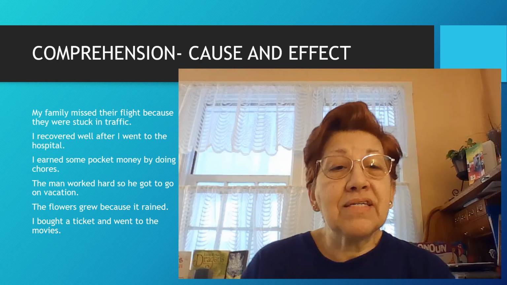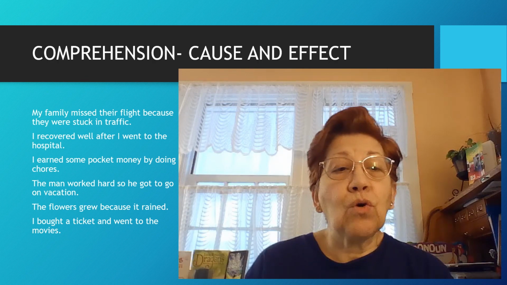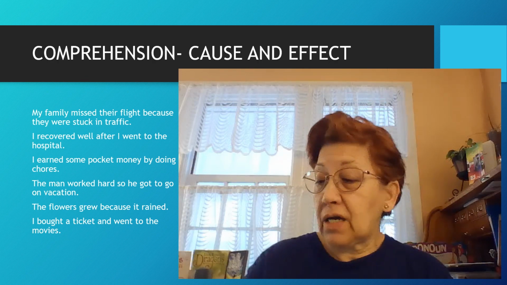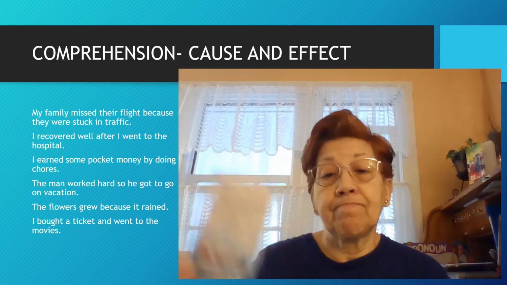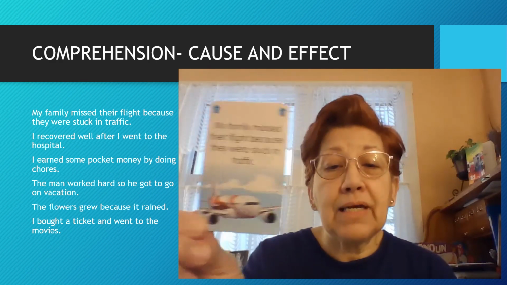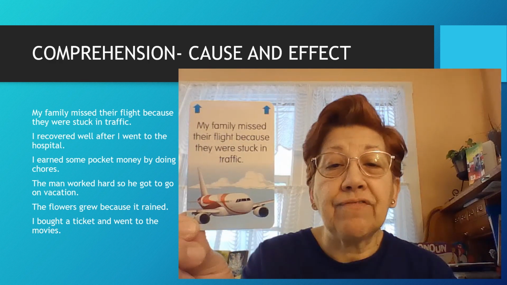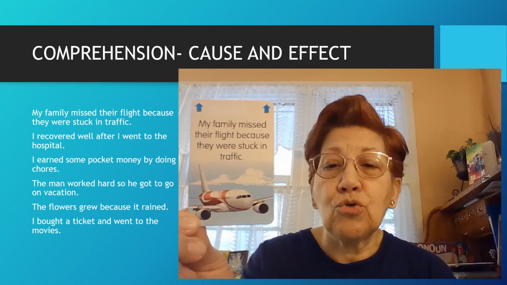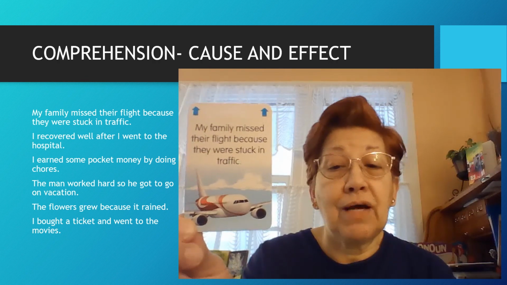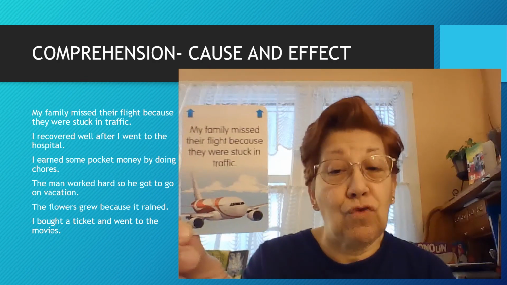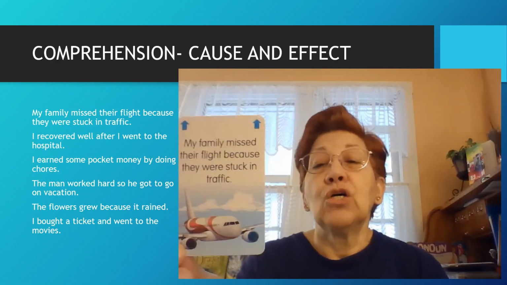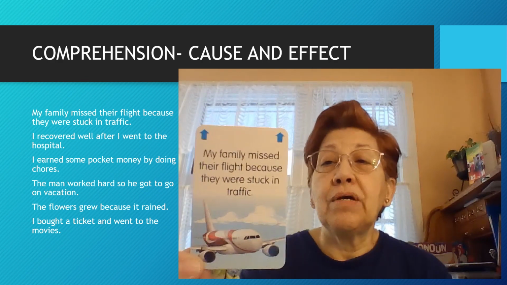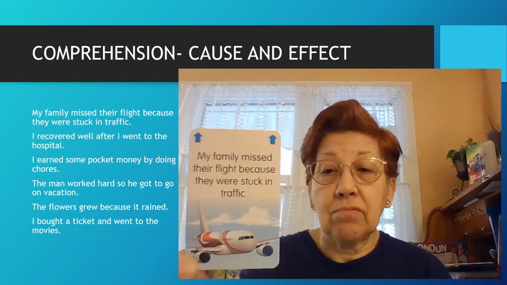My family missed their flight because they were stuck in traffic. So they never made it on that plane because of the traffic on the road, huh? Okay. So the cause would be the family got stuck in the traffic, right?